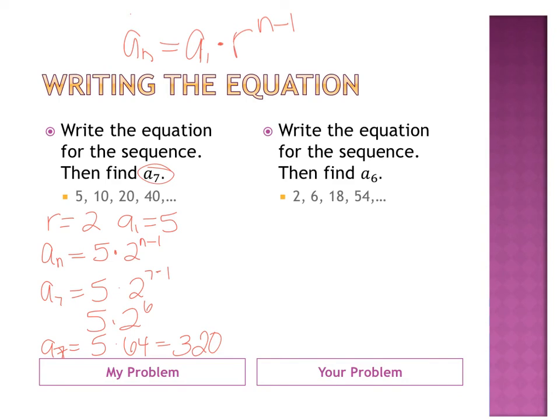So give the next one a try. Okay, let's do my last problem. What's my r? 2, 6, 18. r is 3. And my a1 is 2. So what's my equation? a1, 2 times 3 to the n minus 1.